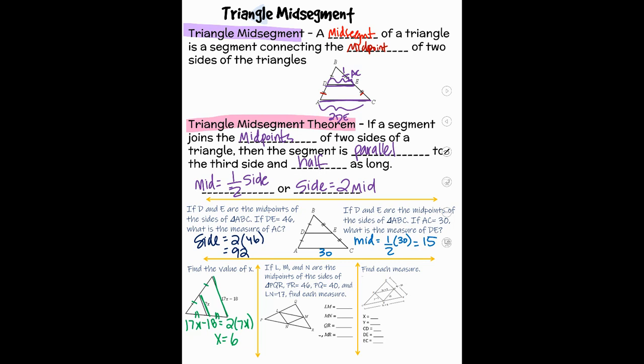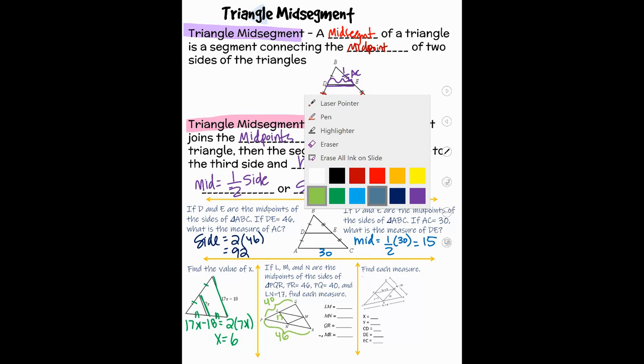So if L, M, and N are the midpoints of the sides of PQR, so the little triangle hits at the midpoints of the big triangle, we've got PR is 46, and PQ is 40. And LN, this one inside, is 17. All right, let's find the rest of these.